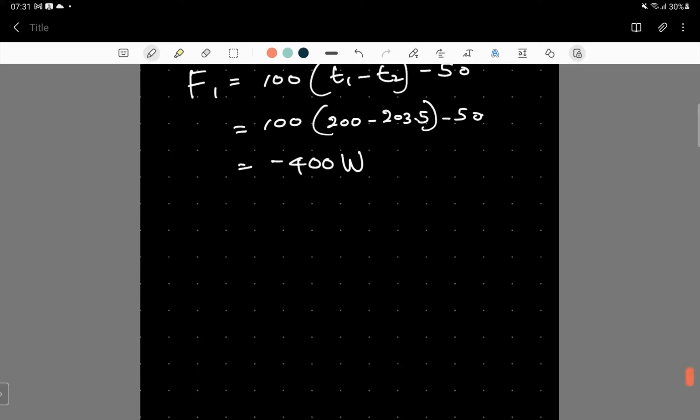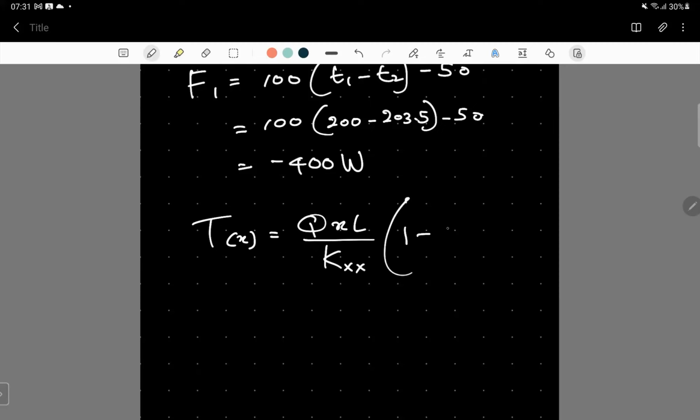The closed form would yield the temperature along the x direction as QXL divided by KXX. I will not go into this derivation, but it is something like this. You can plot the results which you obtain from the finite element formulation and also from this analytical equation, and compare how well your finite element model predicts the temperature along the length distribution of the element.